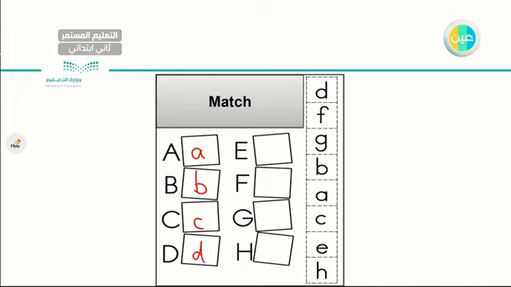Very good. Next one I have is capital E. Where's the small e? Next one I have is F. Where's the small f? Very good. Next one I have is G. This is the small g. And the last letter I have is H. And this is the small h. Very good. Let's go to the next one.